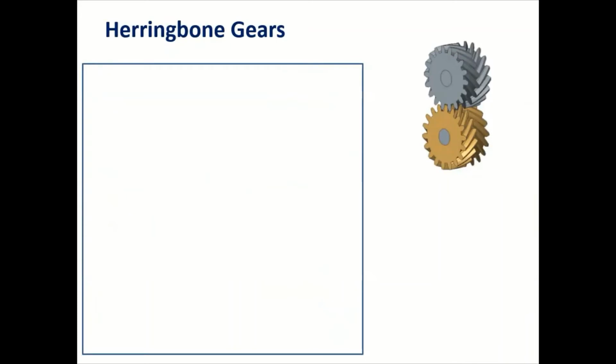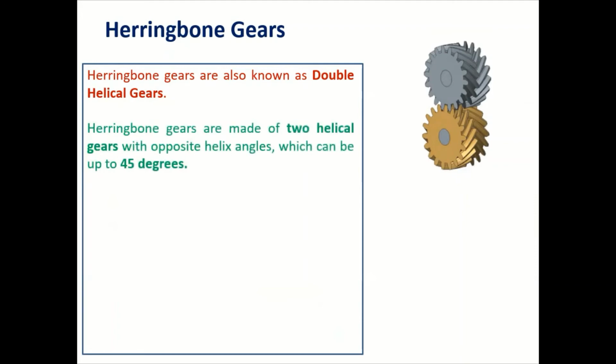So herringbone gears are also known as double helical gears. I will show you in this diagram also. Herringbone gears are made up of two helical gears with the opposite helix angle, which can be up to 45 degrees. What it means is, you can see, we are assuming that this is one helical gear, and I have taken another helical gear.